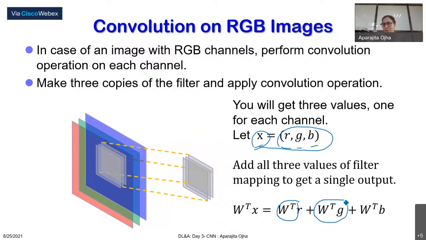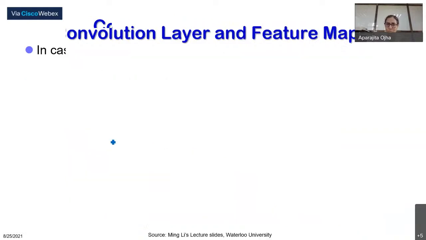Similarly, W transpose G and W transpose B, right? For R channel, for G channel and B channel. This is how I am doing it. So this filter is applied on this image block. Is that okay? So for convolution on RGB image also, exactly the same thing is done, except that all the channel outputs are combined. They are added to give you one value.